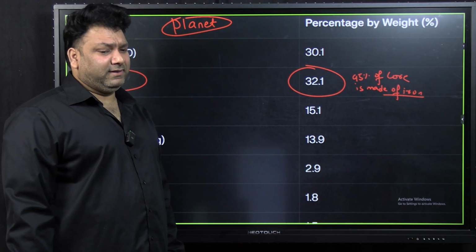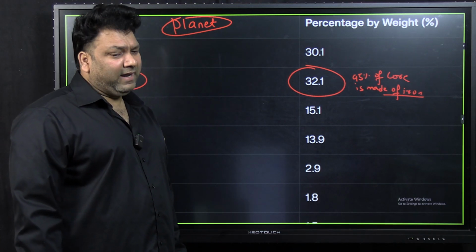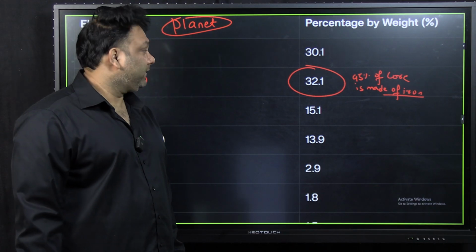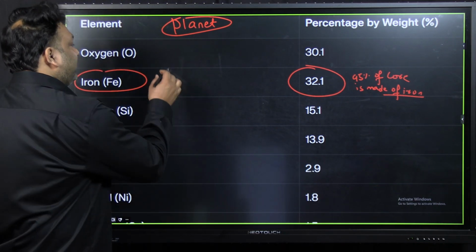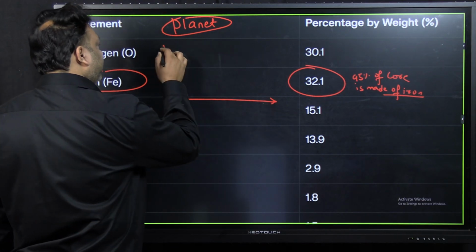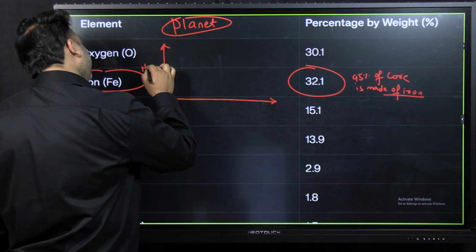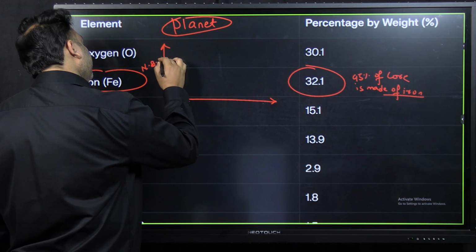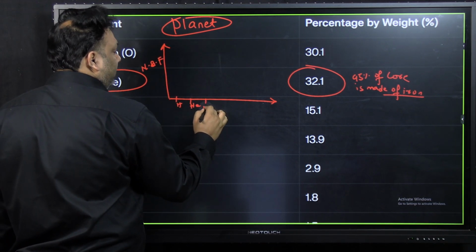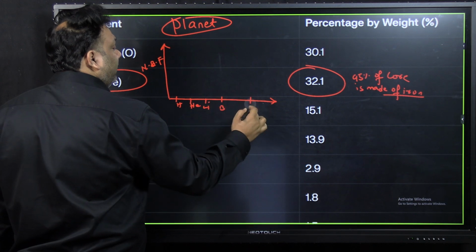Dense metal, density, etc. Heavy metal, settle down, okay. For this you have to go to another dimension. There is something called nuclear binding force. So this is nuclear binding force, and these are the elements: hydrogen, helium, lithium, beryllium, etc. This is iron.